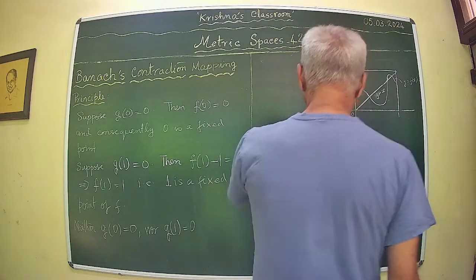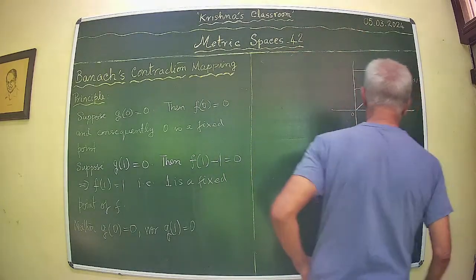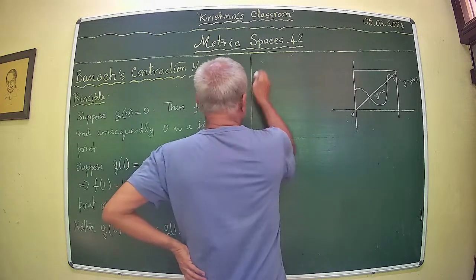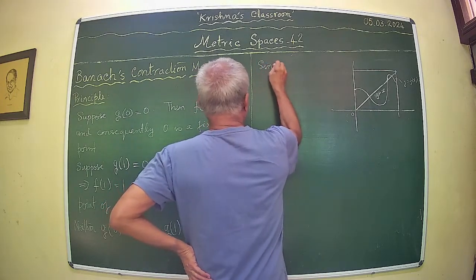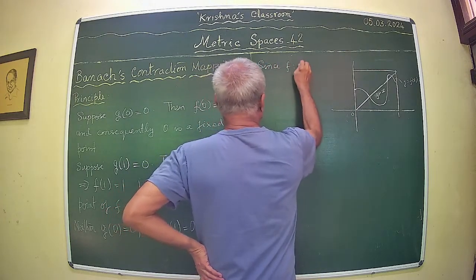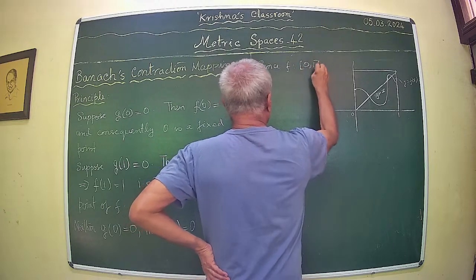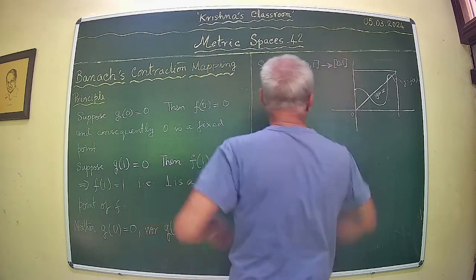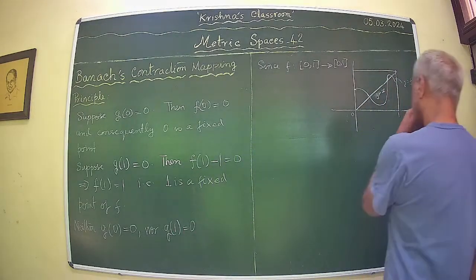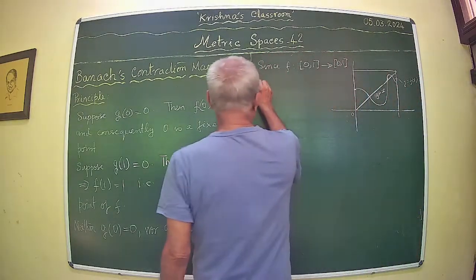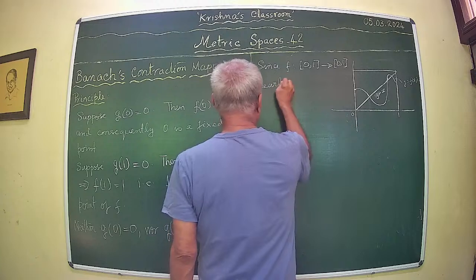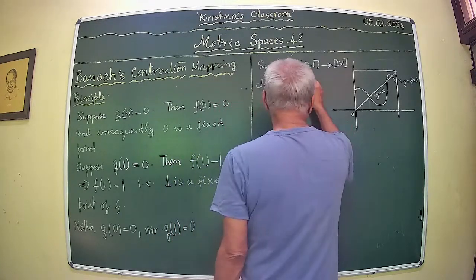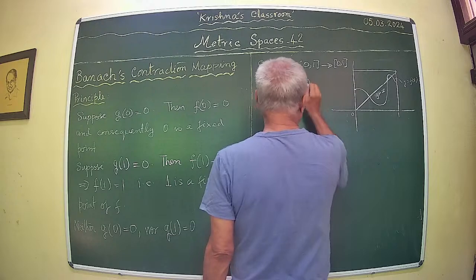See, since f maps 0, 1 into 0, 1, clearly G0 is what?